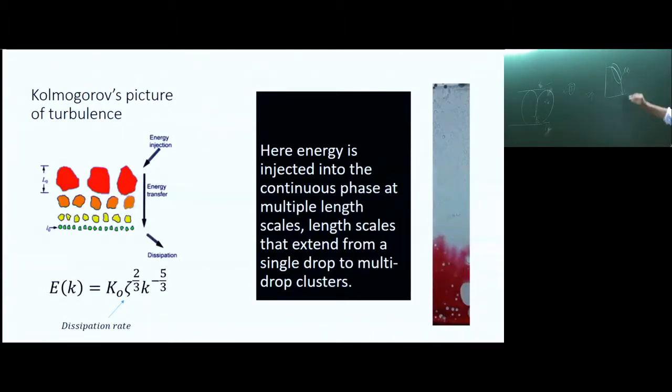If the Kolmogorov scale is of the order of k to the power minus 5 by 3, I think this would be k to the power minus 11 by 3. Maybe this number is wrong. Anyway, it's faster than this particular scale. So, at least in Rayleigh-Benard convection, you have energy injection not at one scale, but over a particular range of scales.